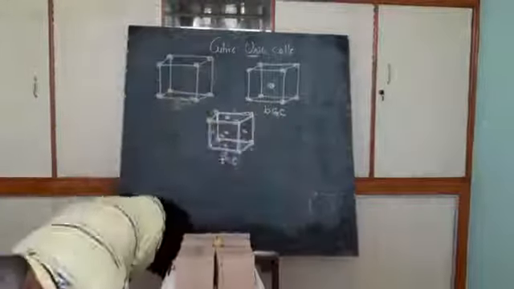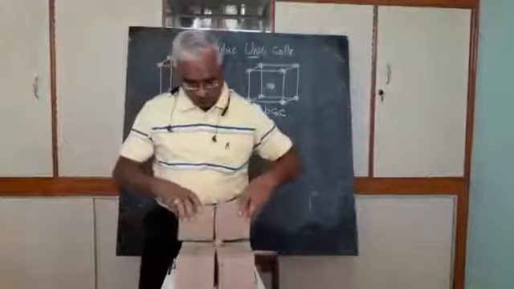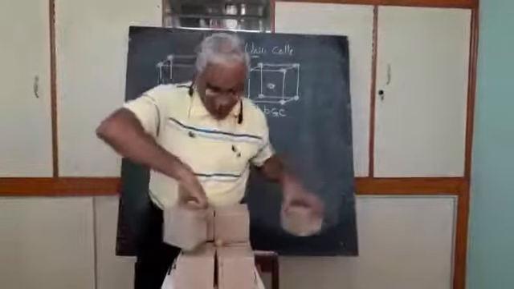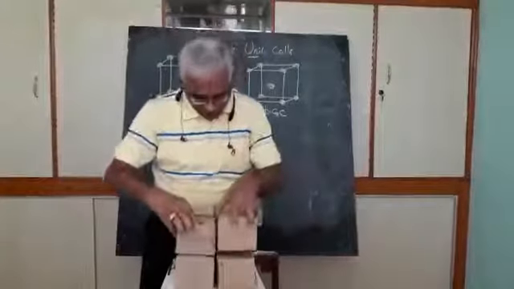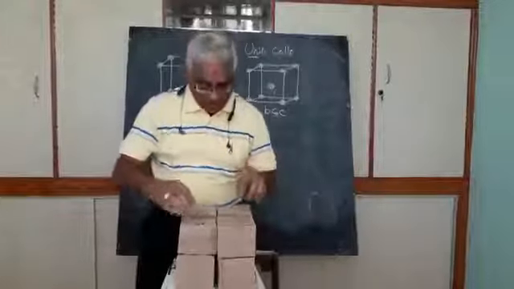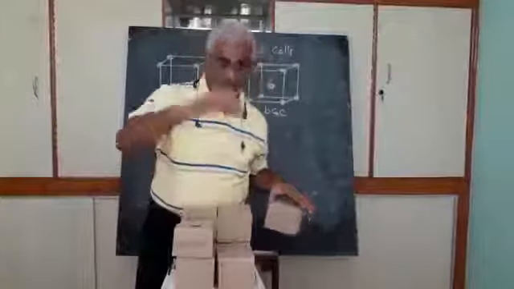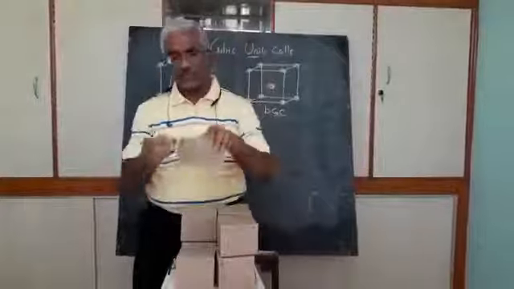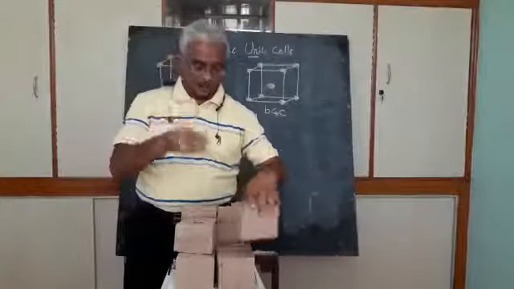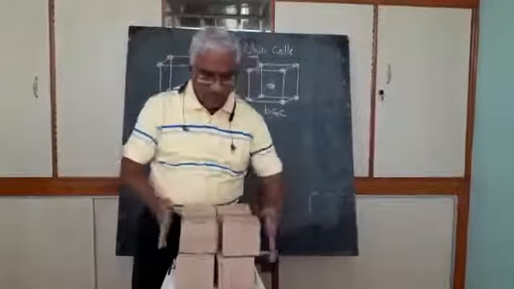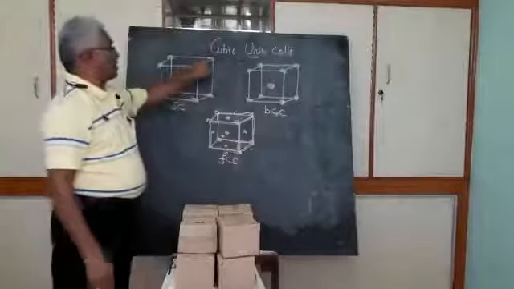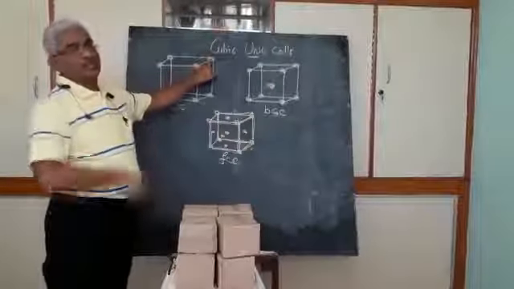If you see, so 4 more. So actually, this atom is present in 8 unit cells. So an atom at the corner is not present in one unit cell. It is actually shared by 8 unit cells.